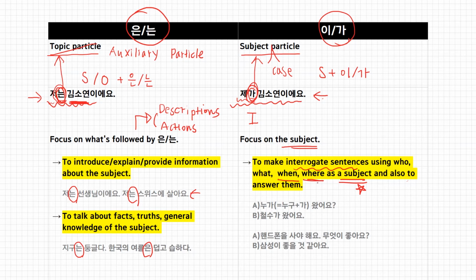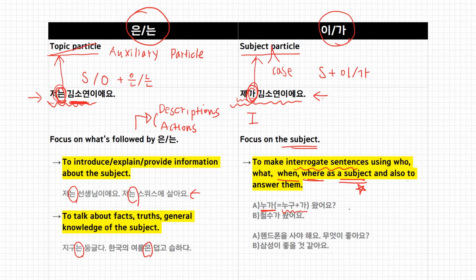Therefore, 이가 can be attached to these question words and make subject questions. For example, 누가 왔어요? Who came? 철수가 왔어요. 철수 came. Here, 누가 is the abbreviation for 누구 plus 가.